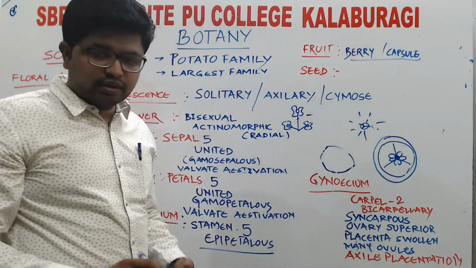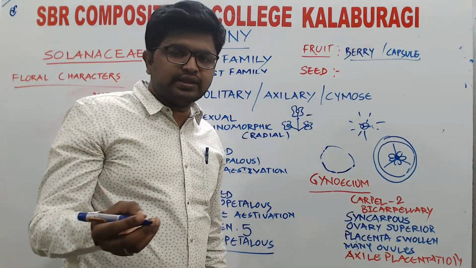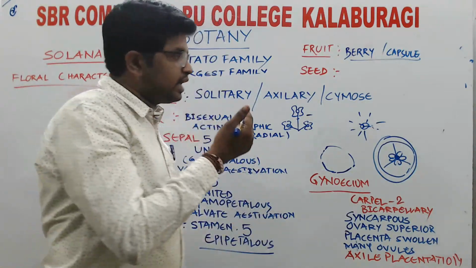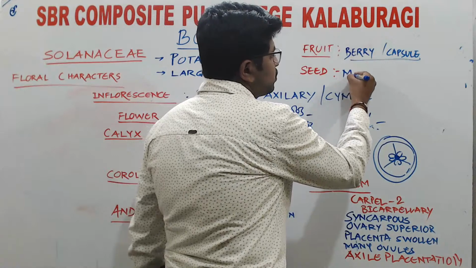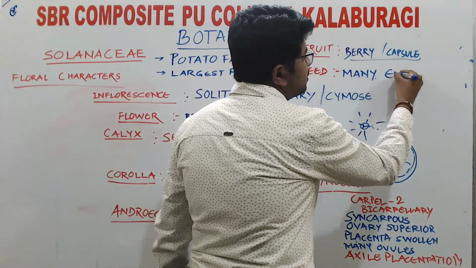Generally, after fertilization, the ovules mature into seeds. So what kind of seeds? You will observe many seeds, because many ovules are there, and they are endospermous.